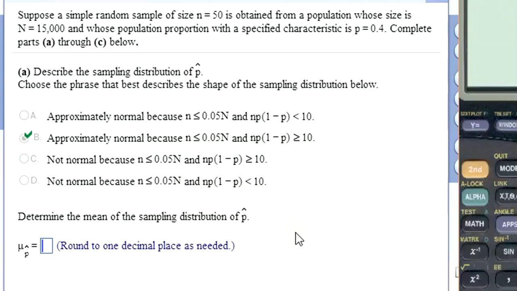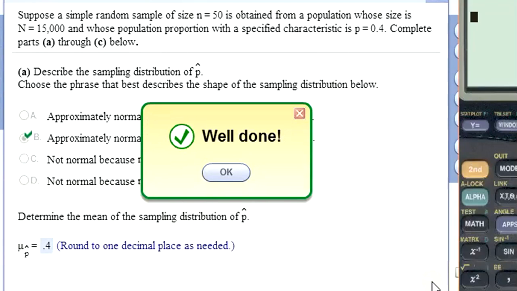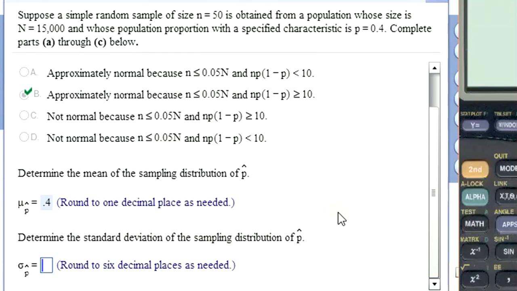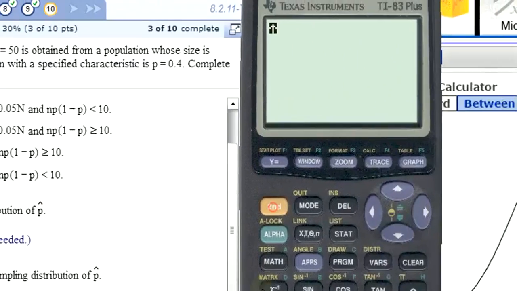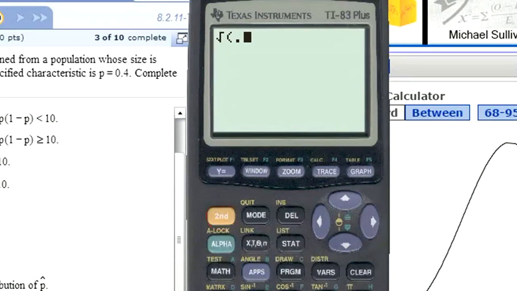Now, the sample proportion is going to have a sampling distribution with a mean equal to the population proportion. So it's going to be equal to 0.4. The standard deviation follows a formula. It's going to be the square root of the population proportion times 1 minus the population proportion, divided by the sample size.